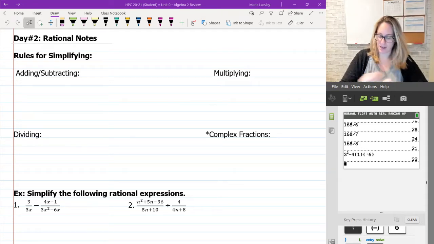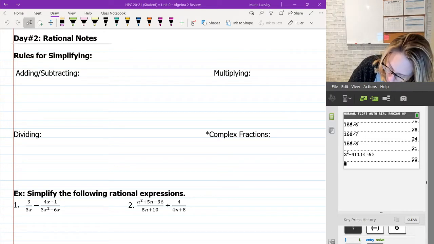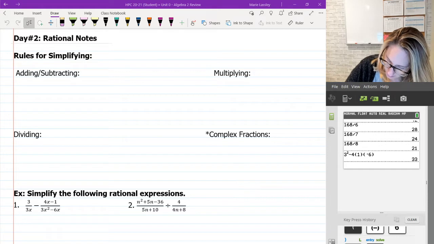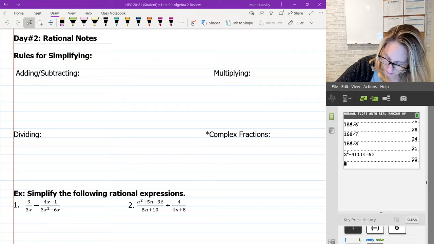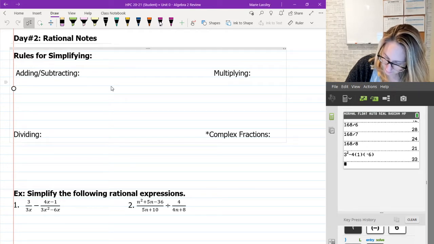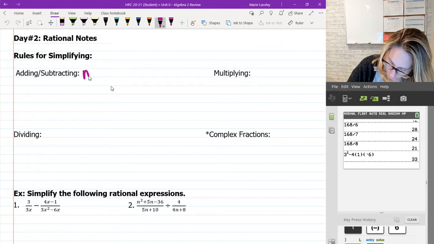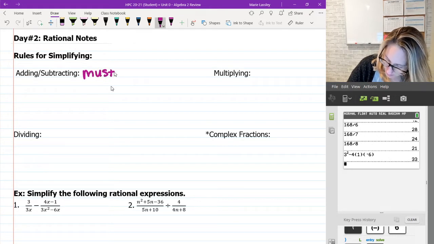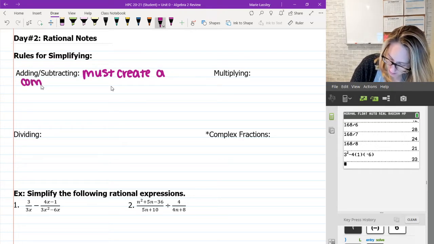So adding and subtracting, you must create a common denominator.